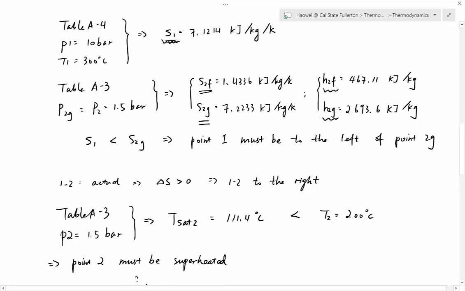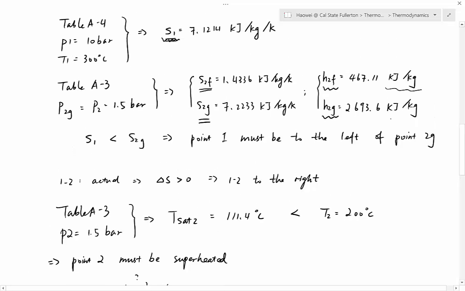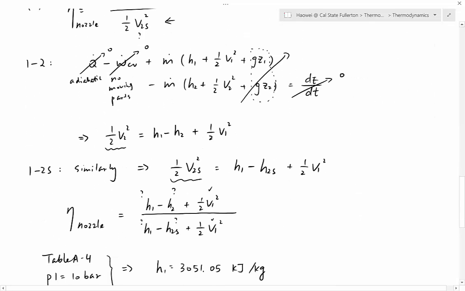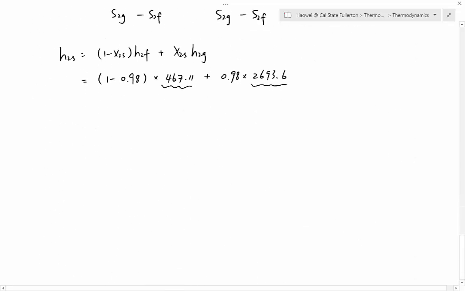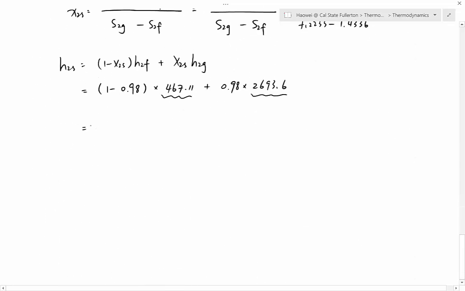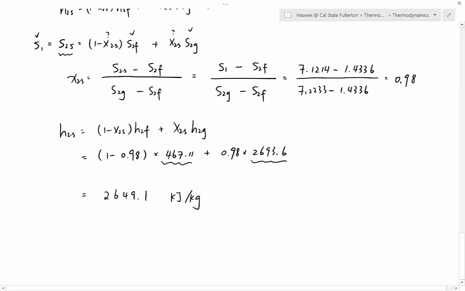You can go back to our notes, and the unit we used is kilojoule per kilogram for both of them. So if you do not convert the units, that's okay. Just keep in mind your solution will have the same unit, which is kilojoule per kilogram. And from your calculator, you can find a solution for h2s is 2649.1.